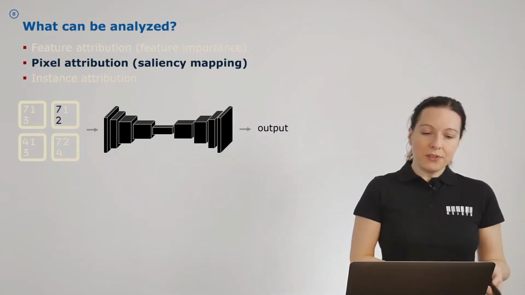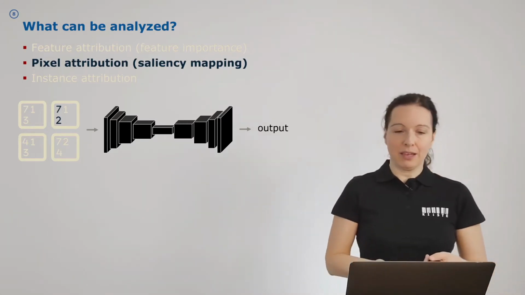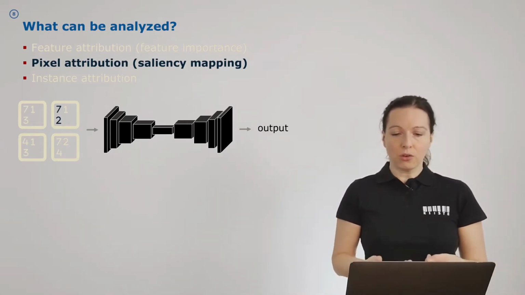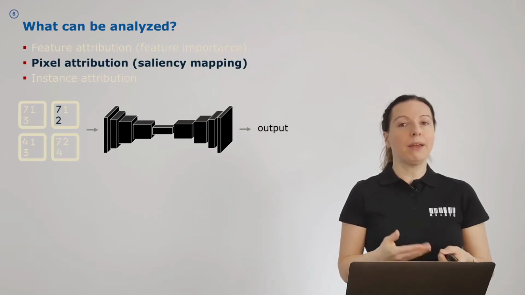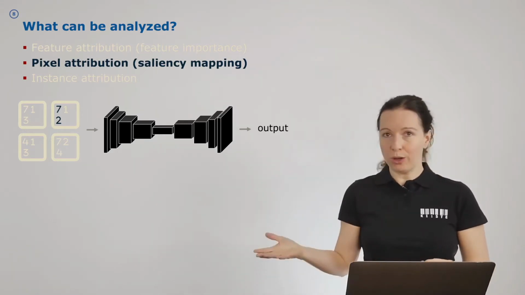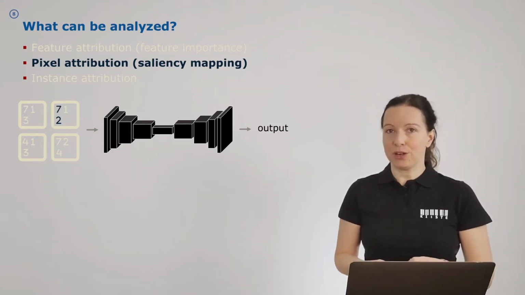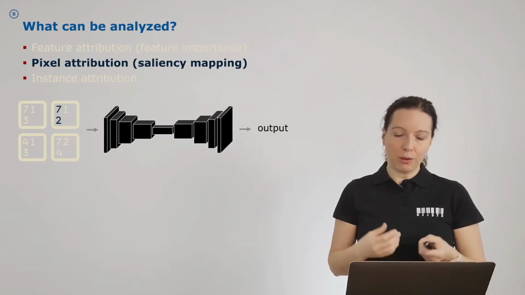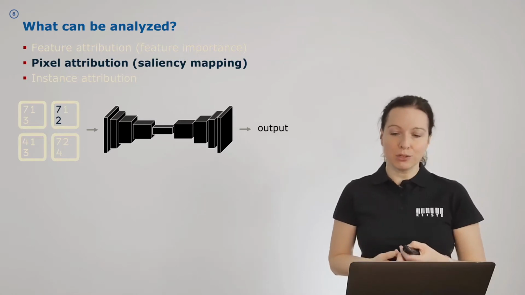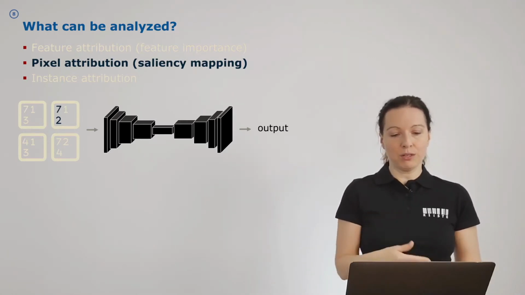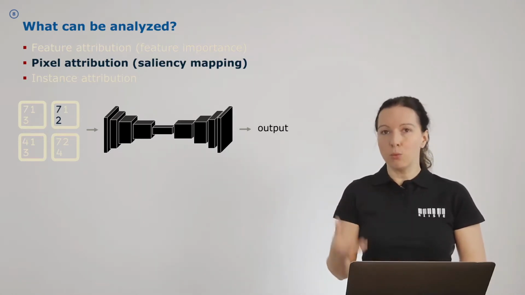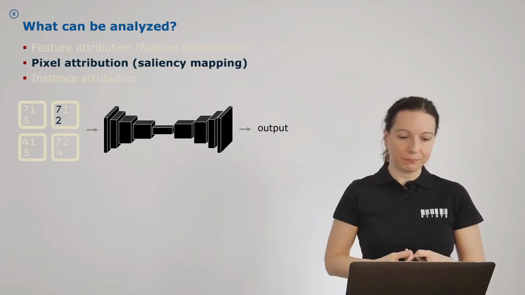So besides feature attribution, there's also pixel attribution. This is also sometimes called saliency mapping or heat mapping, which is a quite famous term. It's a special case of feature attribution. Here, important pixels in images are identified, mostly for one specific instance, that means one specific image.